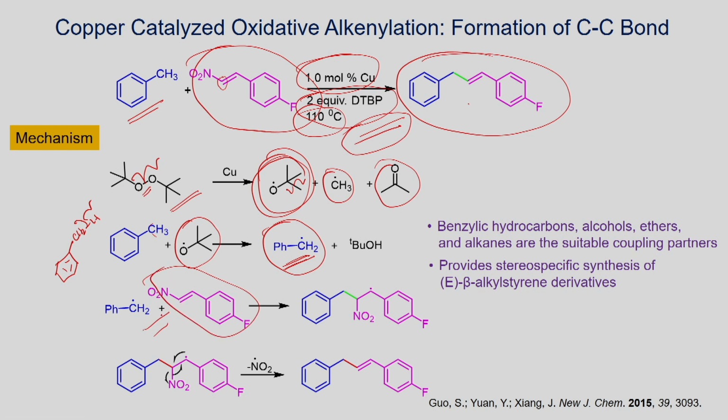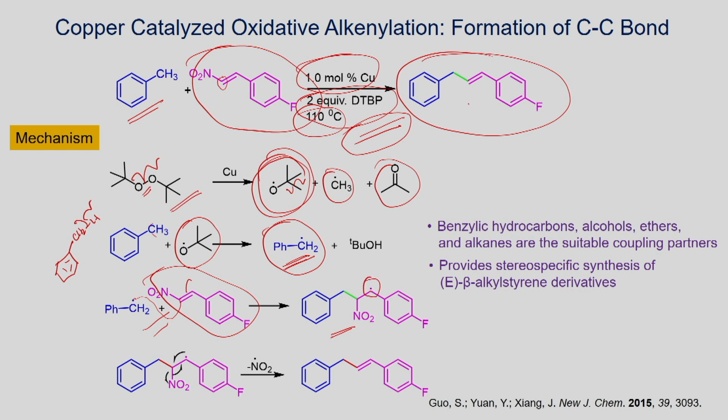If you have the radical, it can add to alkenes which are bonded with an electron withdrawing group. Now, here the alkene undergoes addition with this radical, and then you will be able to get this benzyl radical intermediate.